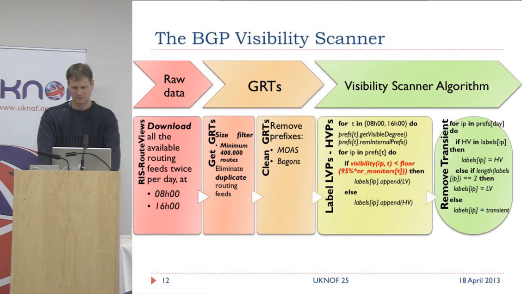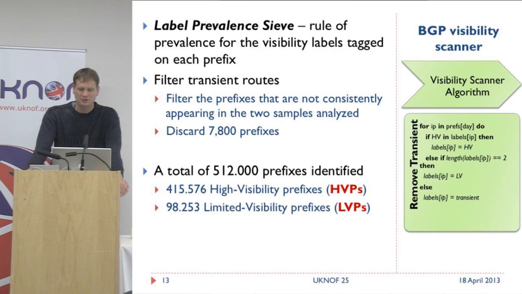And the last bit of the algorithm then tries to filter a little bit further what are transient prefixes. So some prefixes could just occur for a short time and then go away. That might be something what is happening for some time.